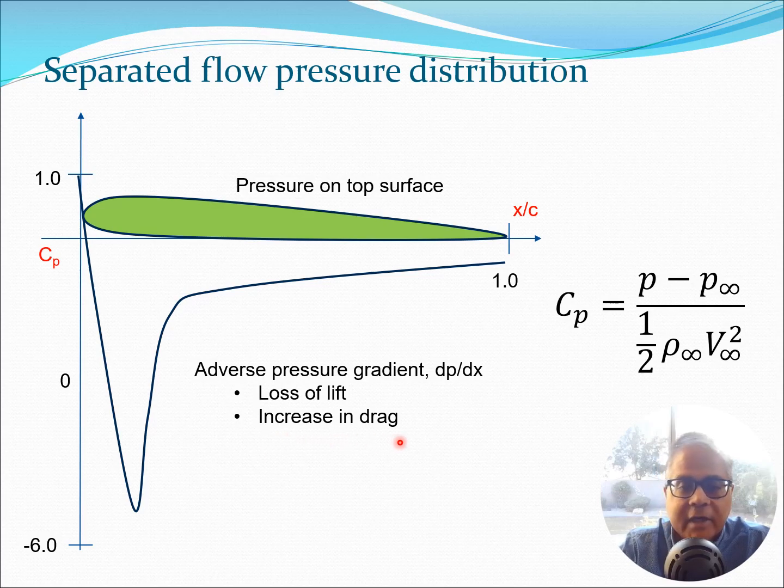Both these are very negative because loss of lift means that you have less payload carrying capacity and increase in drag means that you now require more power as far as the engines or the propulsion are concerned. So these are things you need to design for whenever you are designing the flight vehicle.